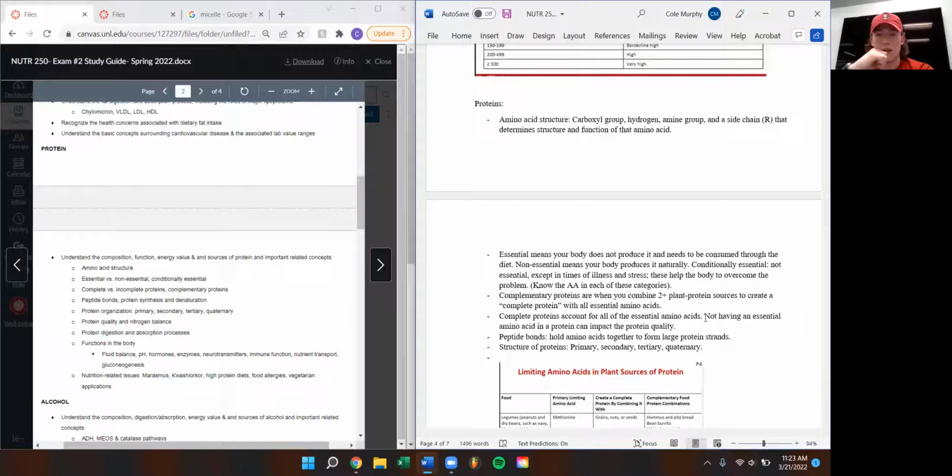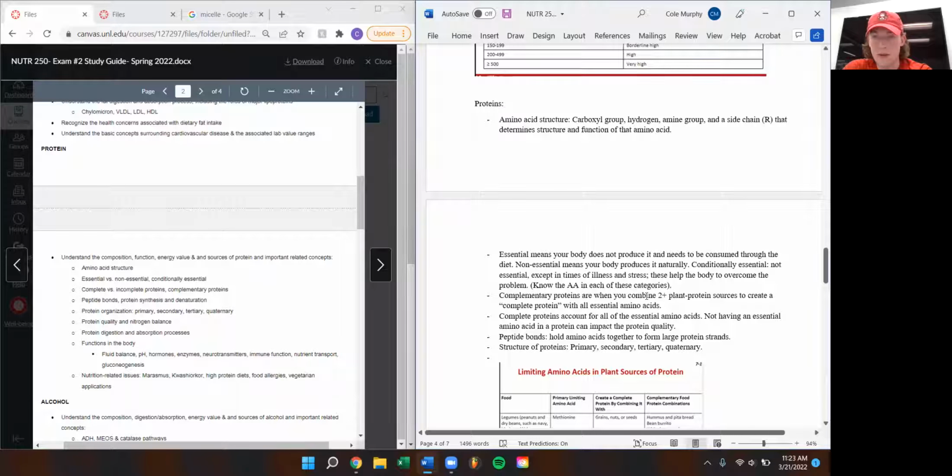And that leads into what a complementary protein is. If you were eating like a vegan, they're going to have these complementary proteins. This is when you add two or more foods that each are composed of a certain amount of essential amino acids, and you pair them together so you can have all your essential amino acids.